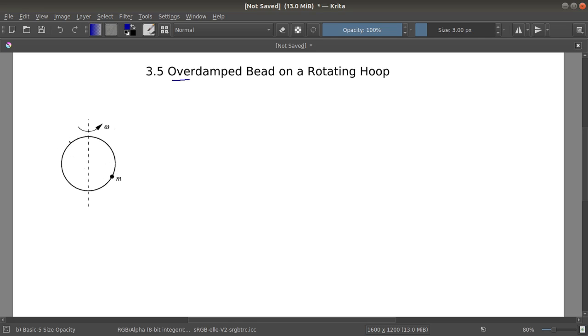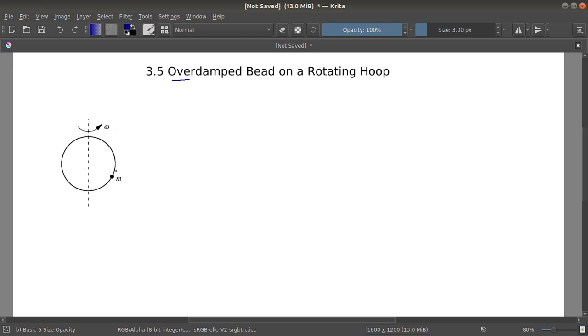So this circular thing is a hoop, and that hoop is being rotated along this dashed line with a uniform angular velocity omega. This hoop has a bead, and this bead can slide smoothly on the rotating hoop.